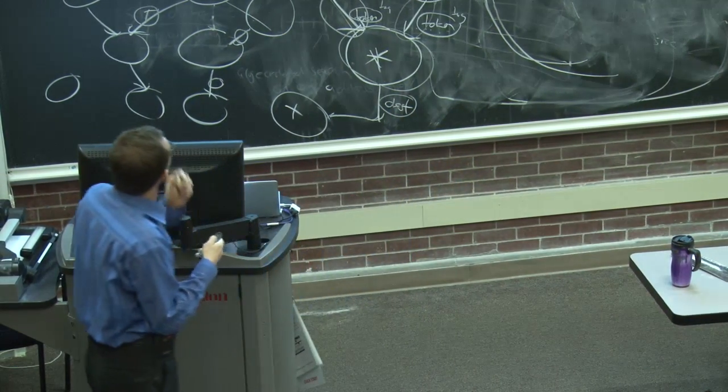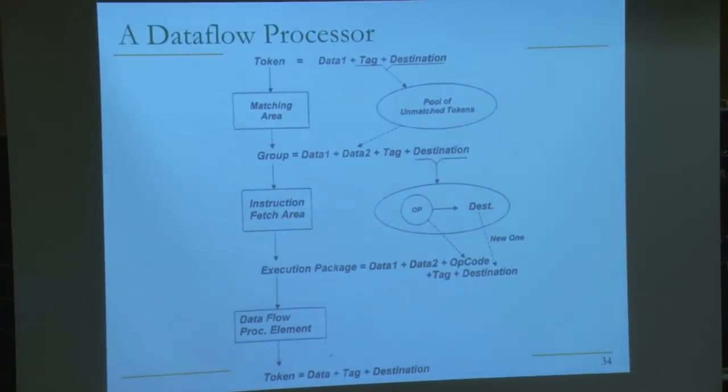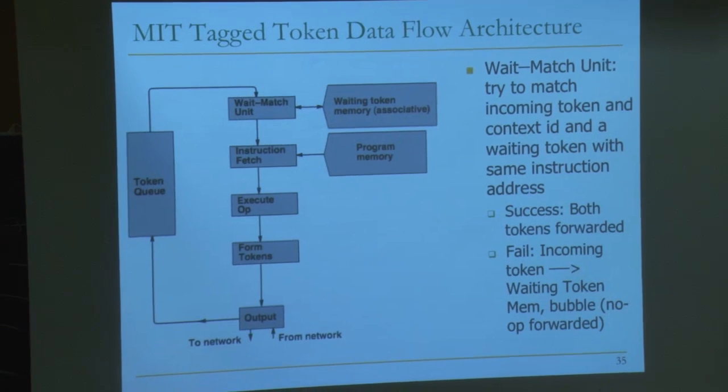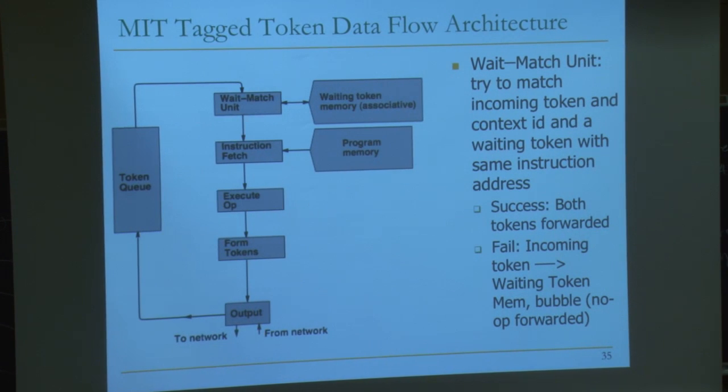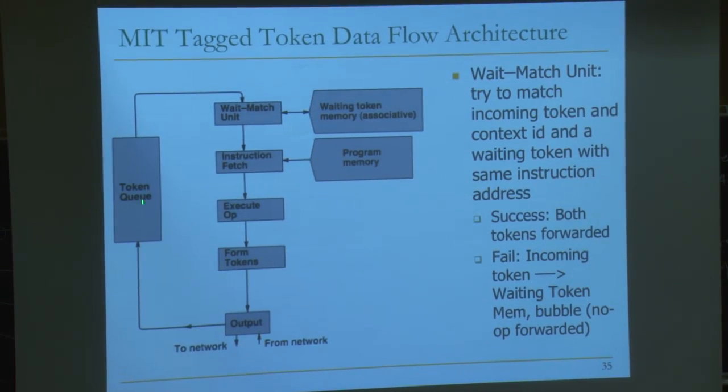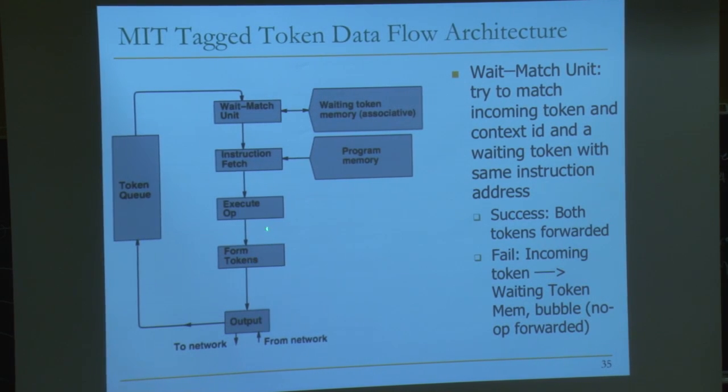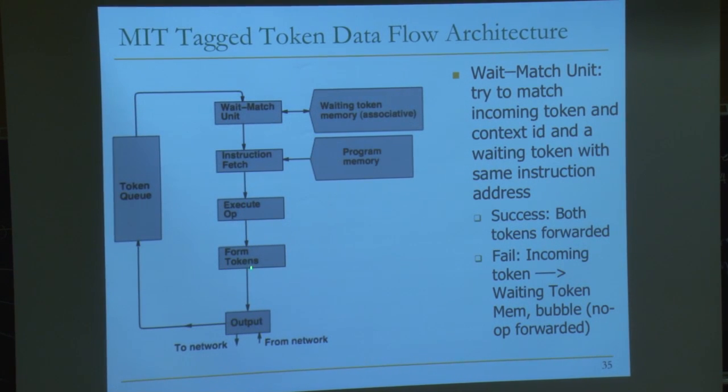OK. So this is a generic data flow processor. I'll give you two examples of this. This is the MIT tag token data flow architecture. Basically, we have this token queue. Again, if you look at this execution unit, it forms tokens. And this is the memory interaction. Let's ignore that for now. Basically it puts the tokens in a queue. And then the tokens go into this wait match unit, which tries to match an incoming token and a waiting token with the same instruction address.